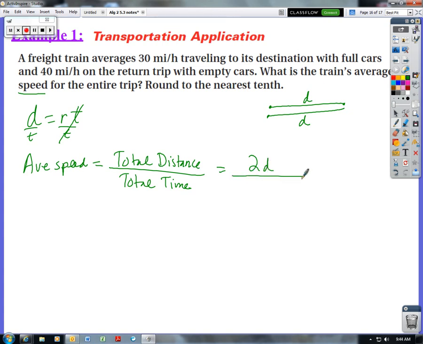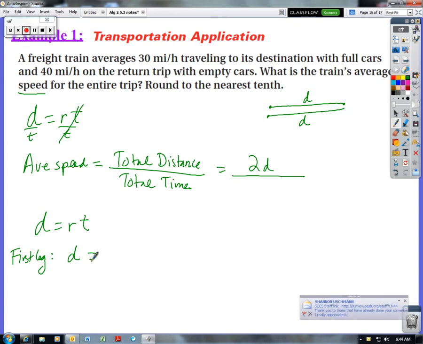Now, to get the time, we have to use dirt again, individually. Let's just say on the first leg, we'll use this formula, d. We know the distance that it travels on the first leg is d. R, the rate on the first leg, we actually know that.